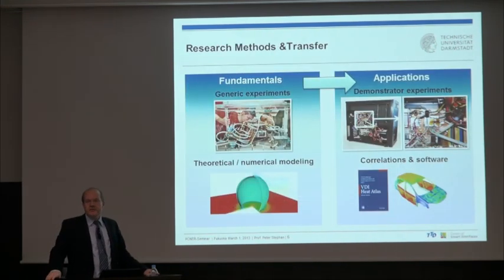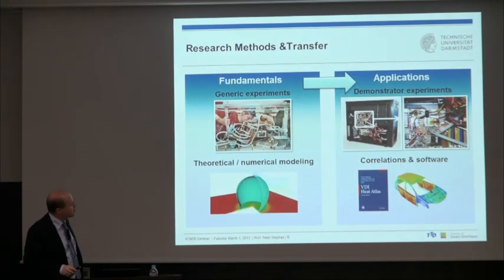We try to do the following, and I will show this later when I come to the details of my scientific presentation. If we do a fundamental research work, we try as often as possible, it's not always possible, but as often as possible to do a generic experiment.